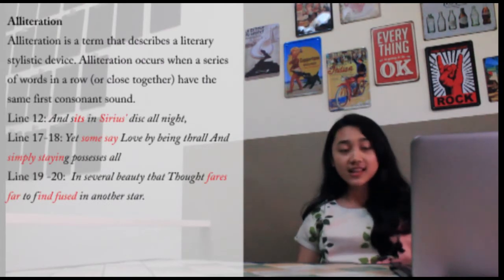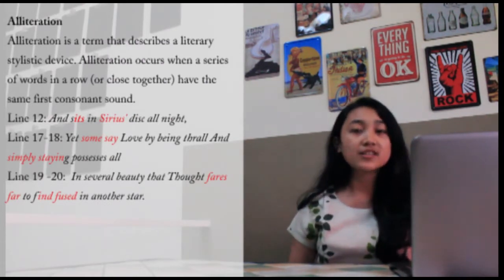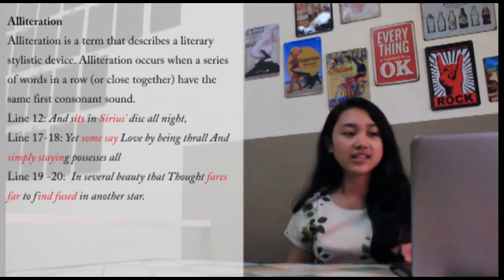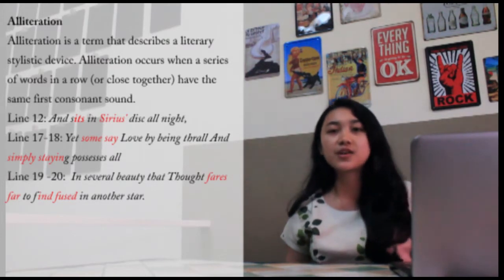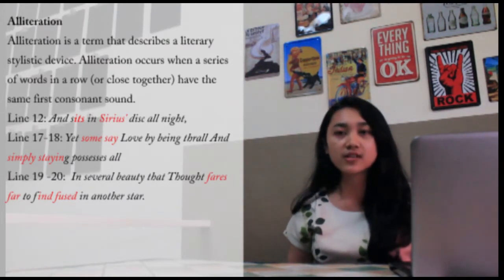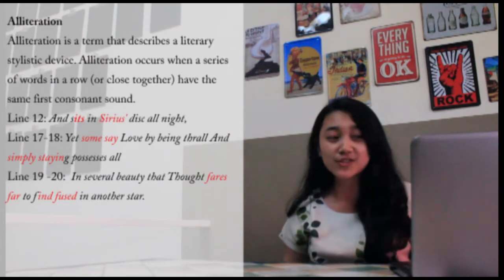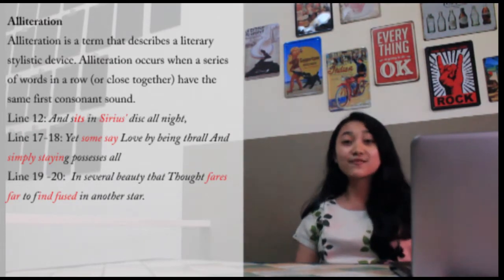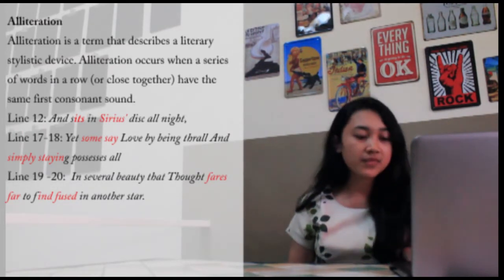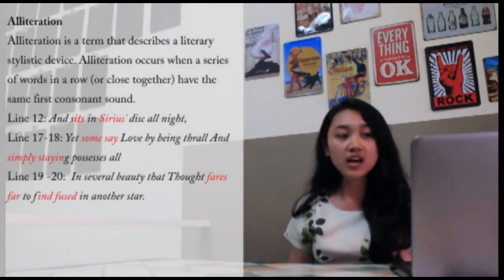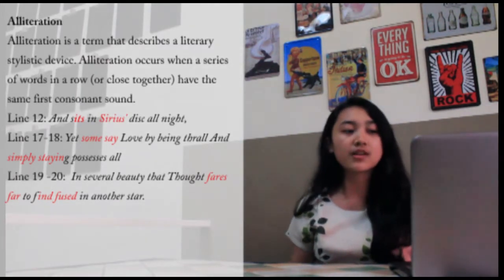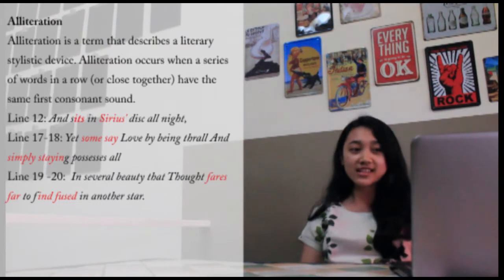And for the alliterations, in line 12, the sentence says, and sits in series this all night. The sits in series here is considered alliteration. Another alliteration is also found in lines 17 to 18. Yet some say love by being pearl and simply staying possesses all.